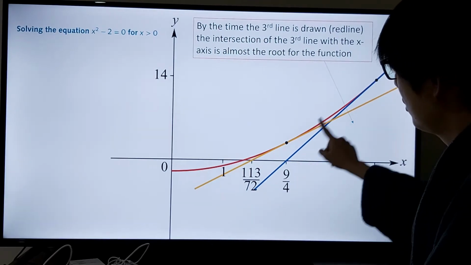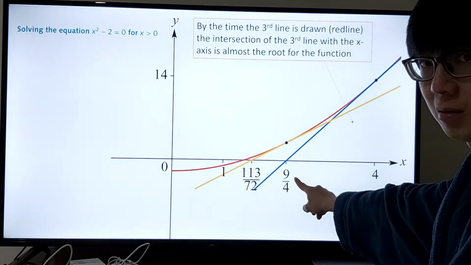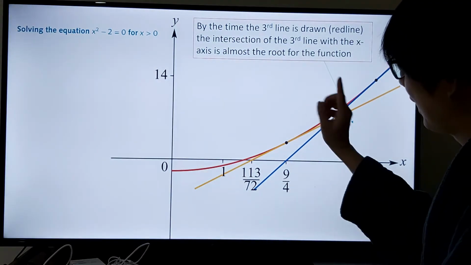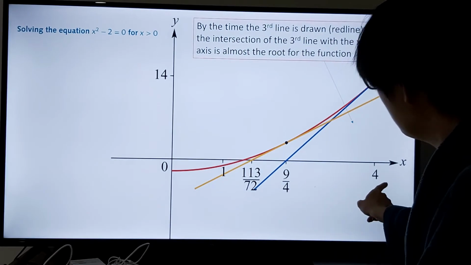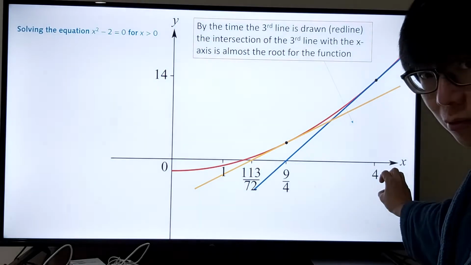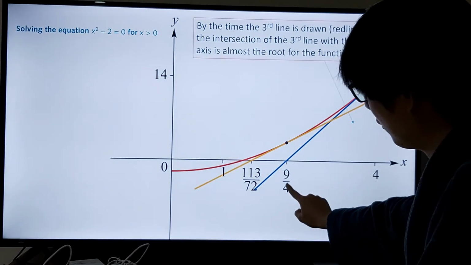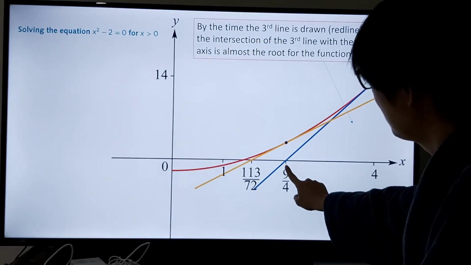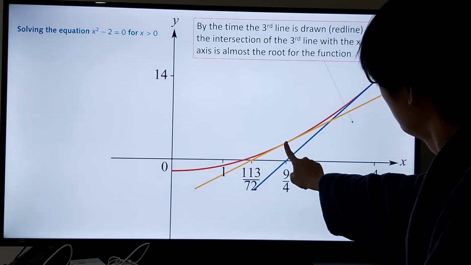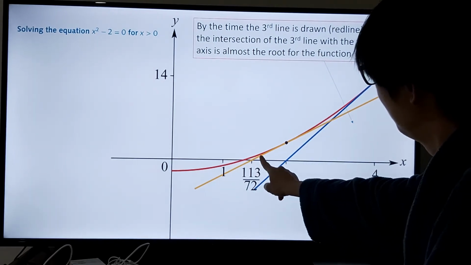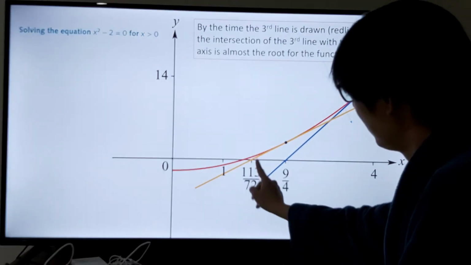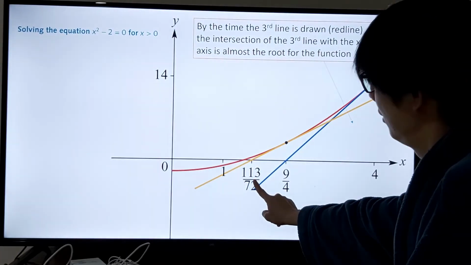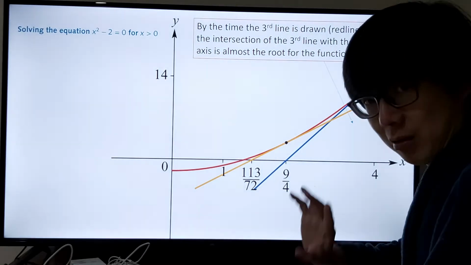By drawing a tangent, it will cut the x-axis, and this will be my new x. Just now my x was 4, now it will be 9 over 4. Then this 9 over 4 gives me a new point on the curve. I'll use this point to draw a new tangent and cut the x-axis again. Then this will be my new x.